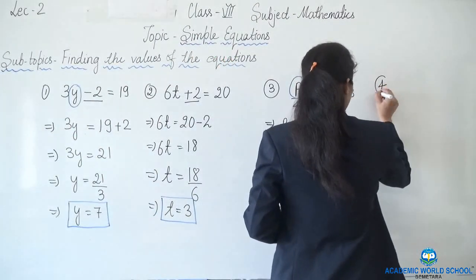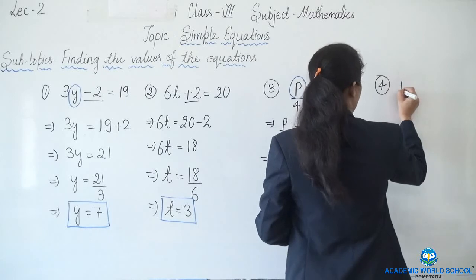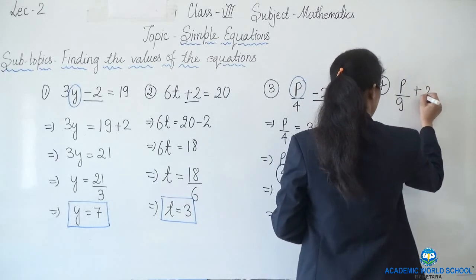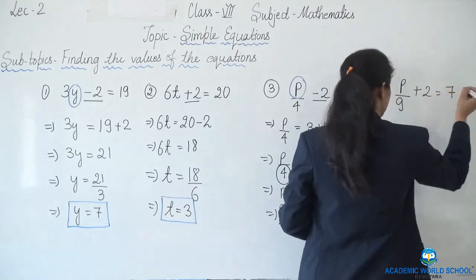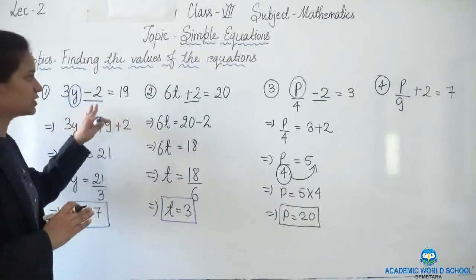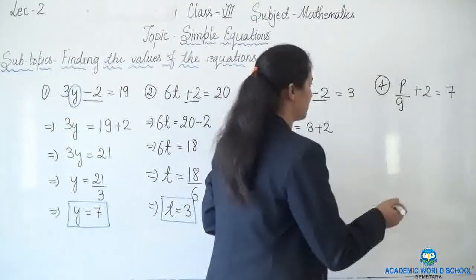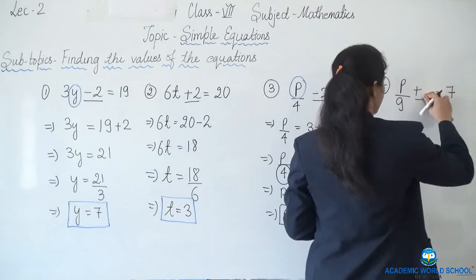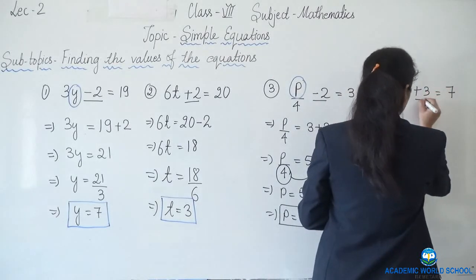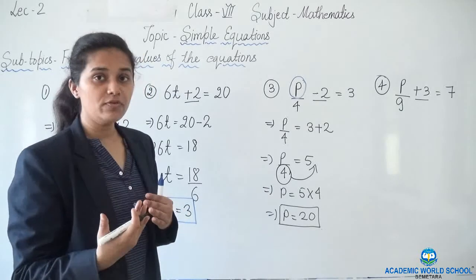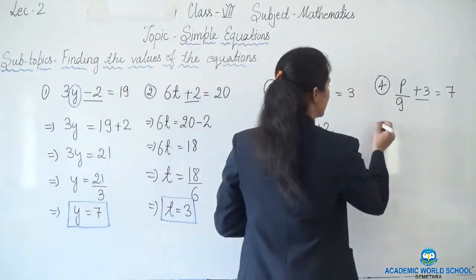The fourth type: P upon 9 plus 2 equals 7. In both the questions I have taken plus 2 and minus 2 so that it will be easier. Let us take another number, plus 3. So first I will remove plus 3 to the other side.